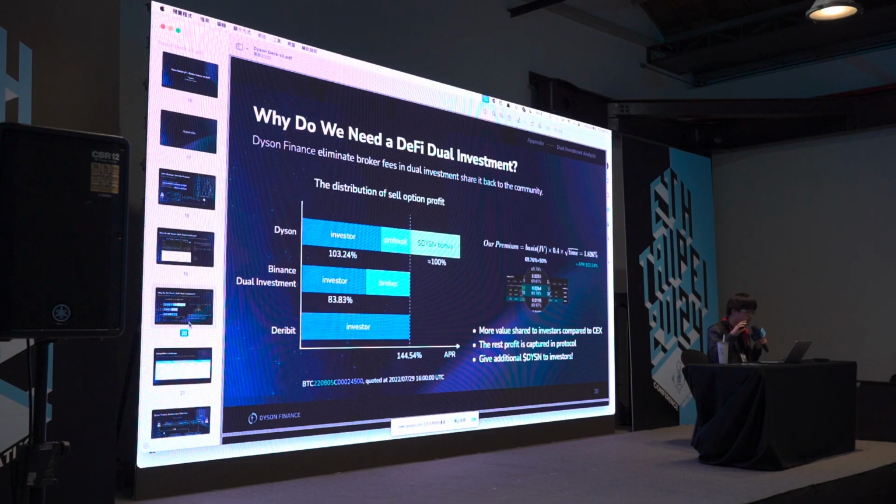And you can easily compare doing dual investment on Binance and selling an option on Deribit with exactly the same strike and the same expiry. And you'll find out Binance usually gives you like a 40% haircut. They make profit by inviting their users to do dual investment and then directly going to Deribit to hedge and capture the difference of premium.